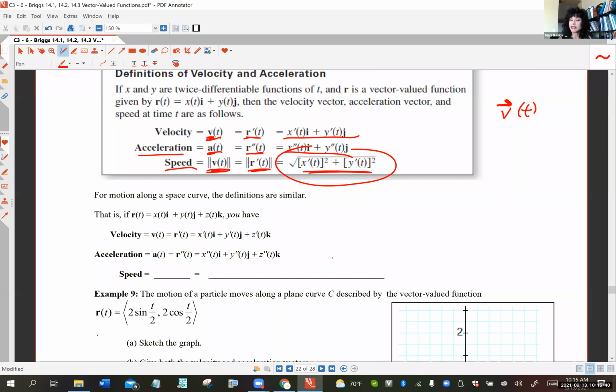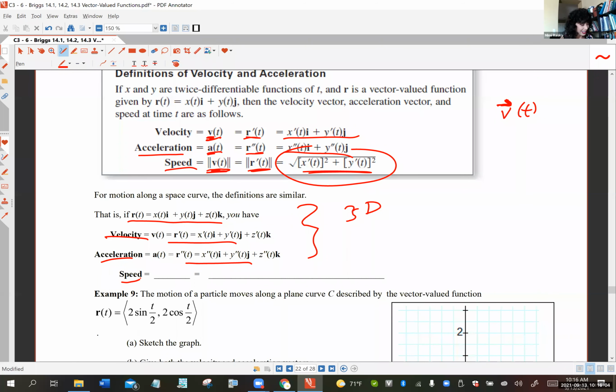Now in 3D, the definitions are similar. So this is all for 3D. You've got your motion, your position vector valued function, with x of t, y of t, z of t as the components. The velocity vector is a vector valued function with the derivatives as components. Acceleration is another vector valued function with the second derivatives for components.